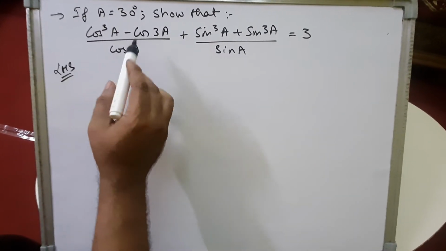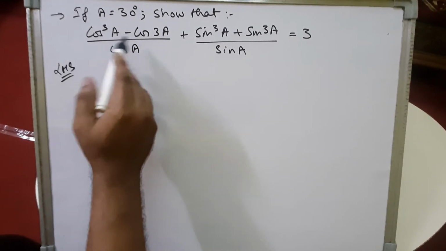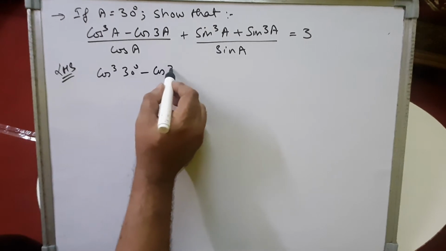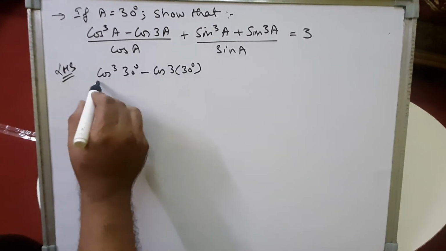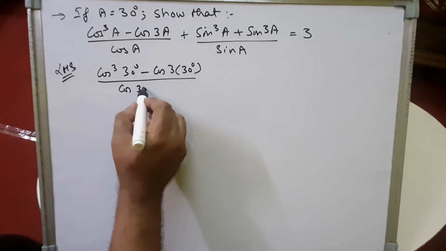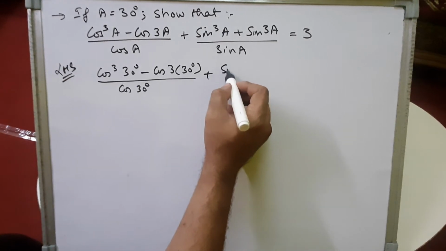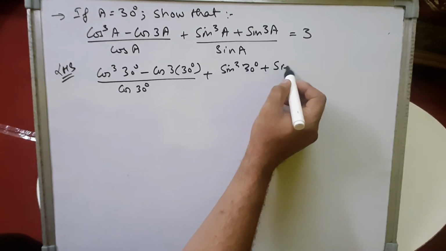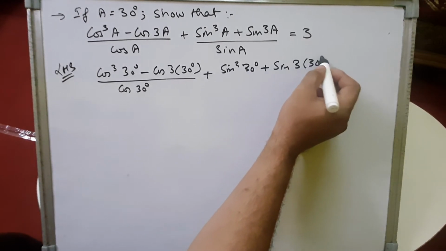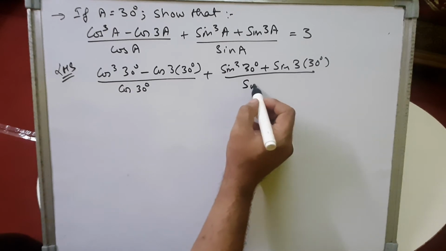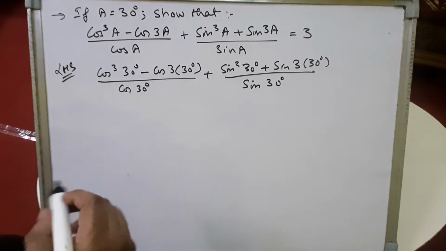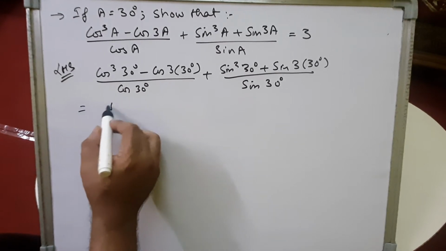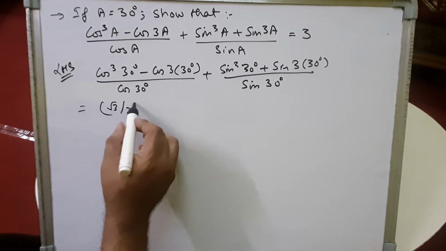Let's see, when we substitute the value of A equals 30 degree on the left hand side, it will become (cos cube 30 degree minus cos 3 into 30 degree) upon cos 30 degree plus (sin cube 30 degree plus sin 3 into 30 degree) upon sin 30 degree. The value of cos 30 is root 3 by 2. Let's substitute the values of the angles.